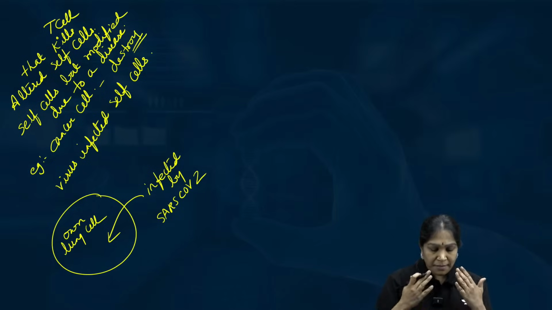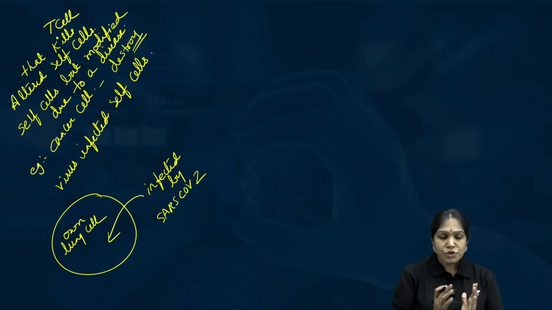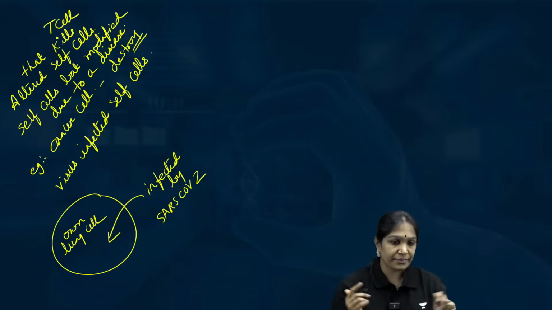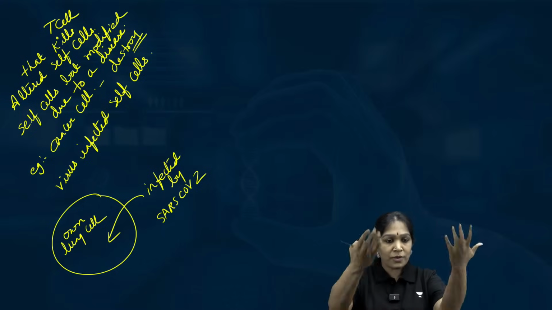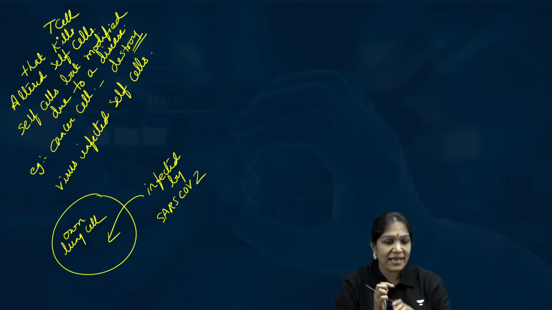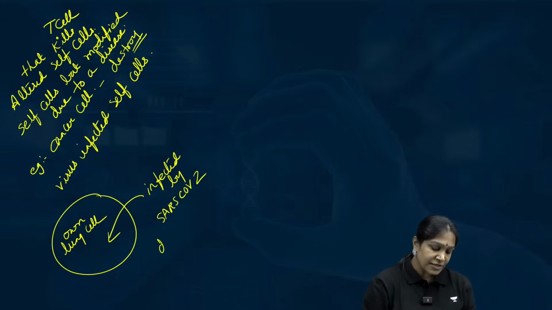My own cell, but infected by a virus. Should I protect it or destroy it? My own lung cell or your own lung cell, but infected by a virus, you have to destroy it. Very good. Why? Because this is altered self cell.